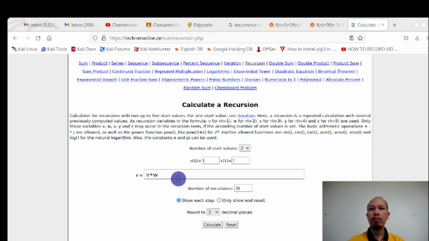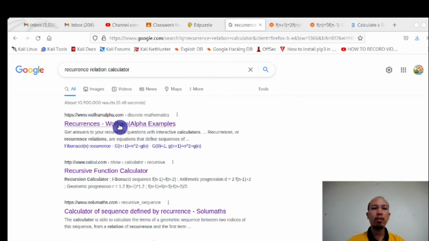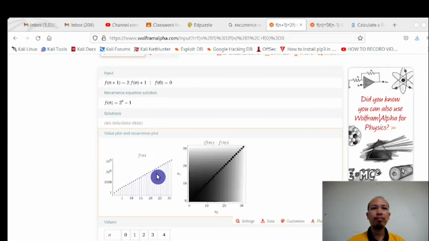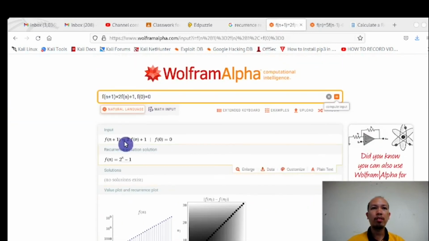But if minus, I don't know what happened. So anyway, I use Wolfram Alpha to know if your closed form answer is correct. Okay, so I guess this is the correct calculator for recurrence relation.